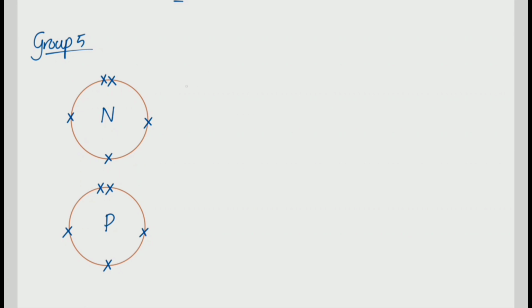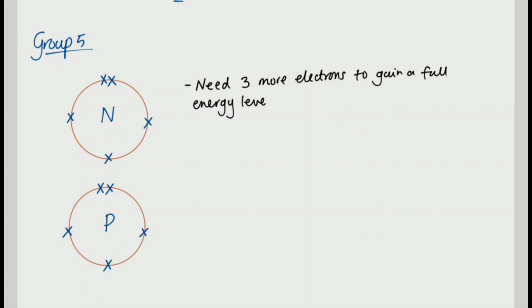So they will need 3 more electrons to gain a full outer energy level and form the octet. That means that they get full 8 electrons, and they'll be stable then after that.